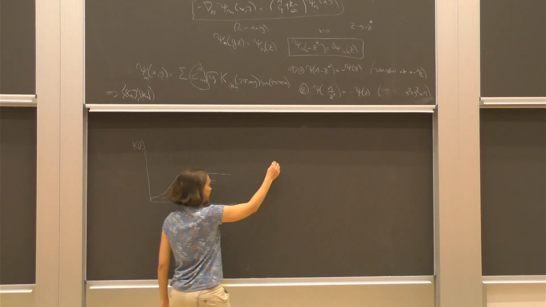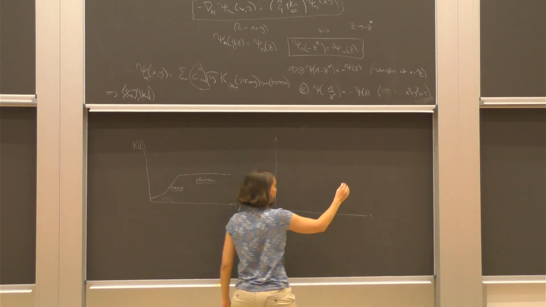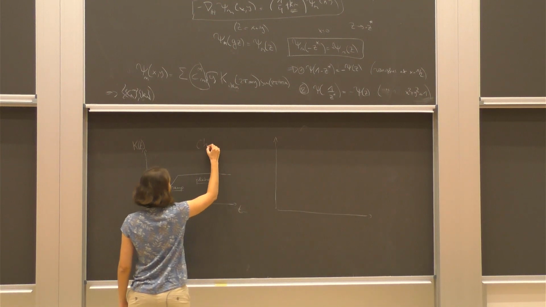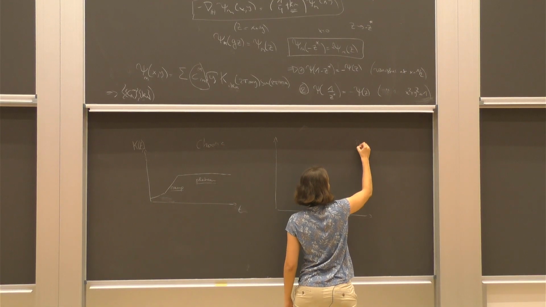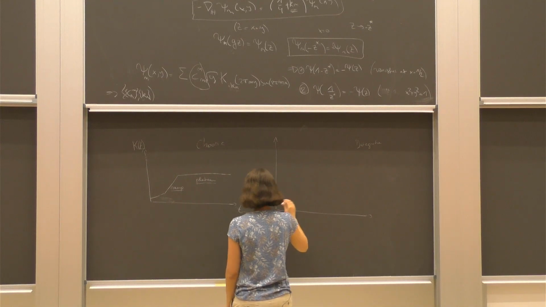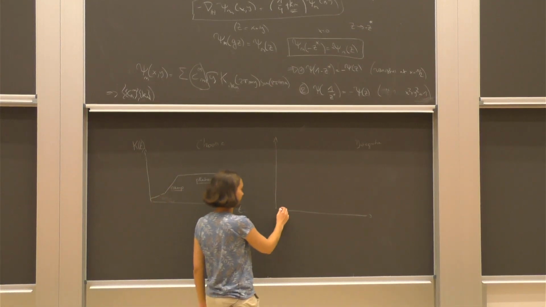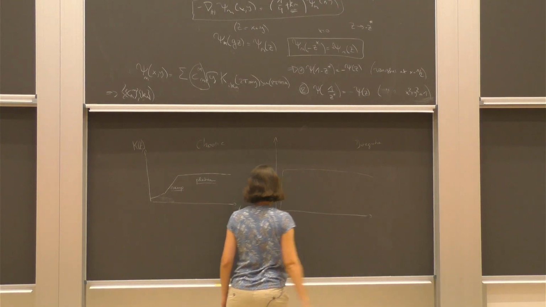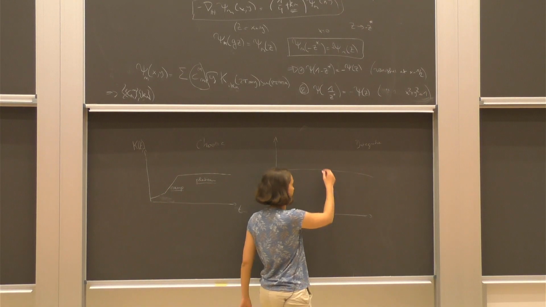So if you compare it to some integrable model, for example, so that's chaotic, and that's integrable. What it looks like for integrable models is something like this, where the timescales where it reaches the plateau are completely different.